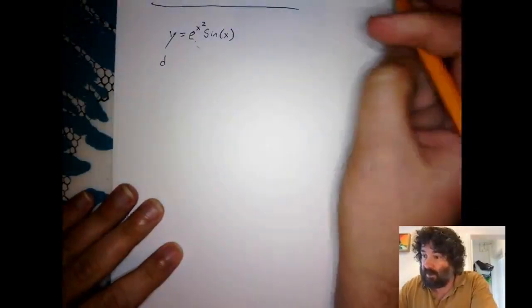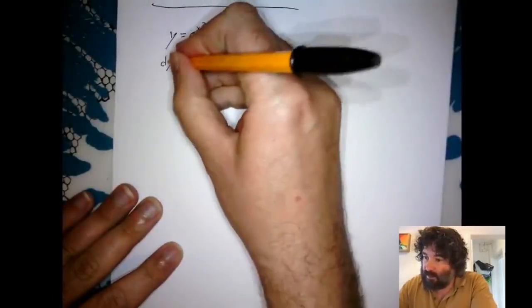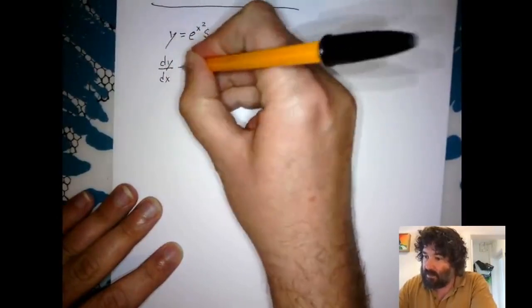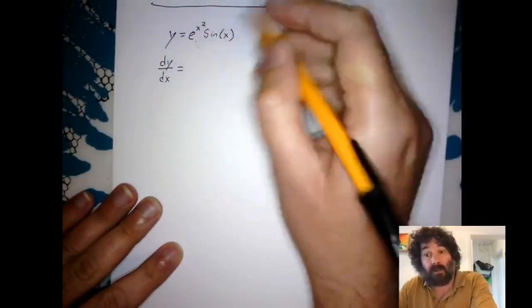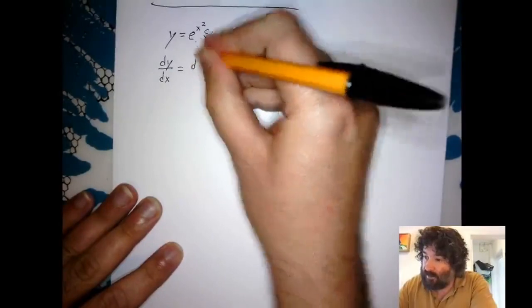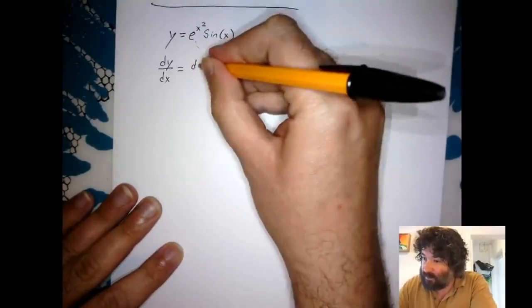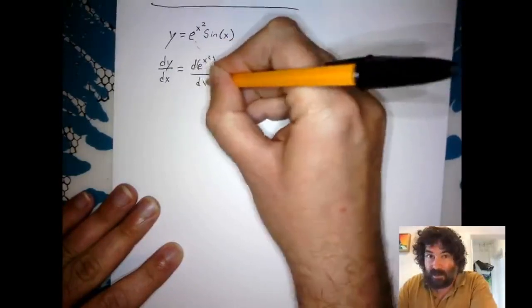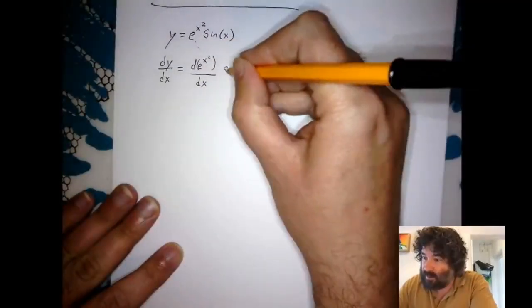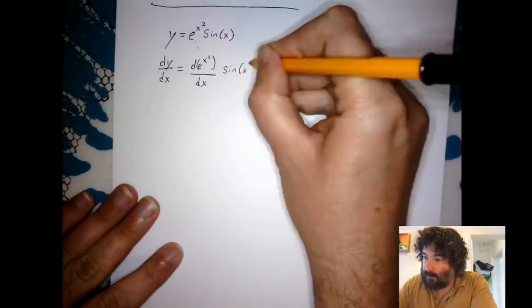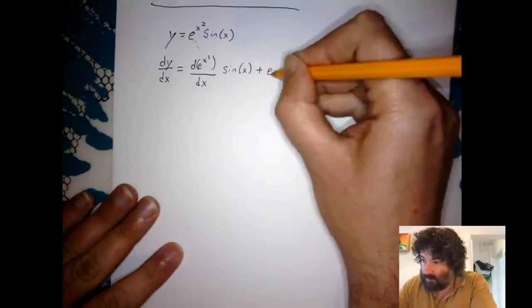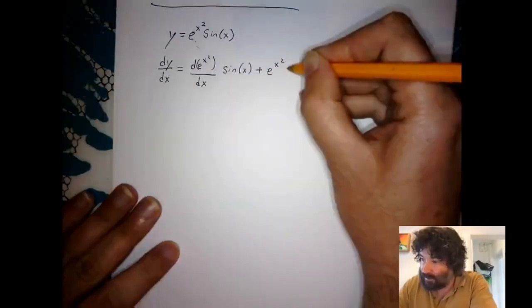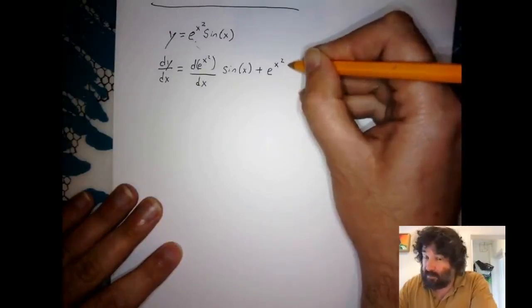So dy/dx is equal to, by the product rule, the derivative of the first term, the derivative of e to the x squared with respect to x, times the second term, plus the first term, e to the x squared, times the derivative of the second term.